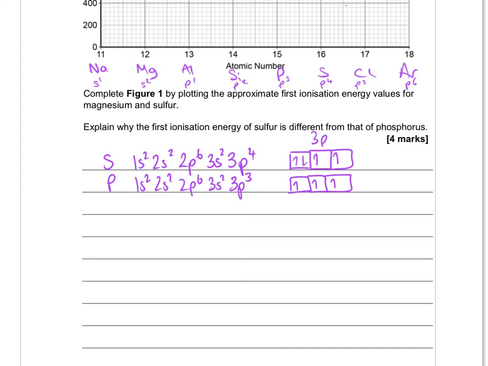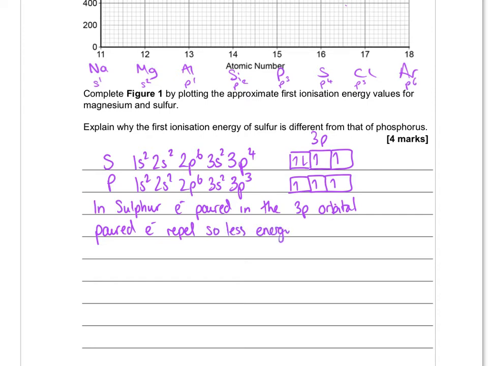So the way to say it would be, in sulfur, the electrons are paired in the 3p orbital. And then the paired electrons repel. So less energy needed.